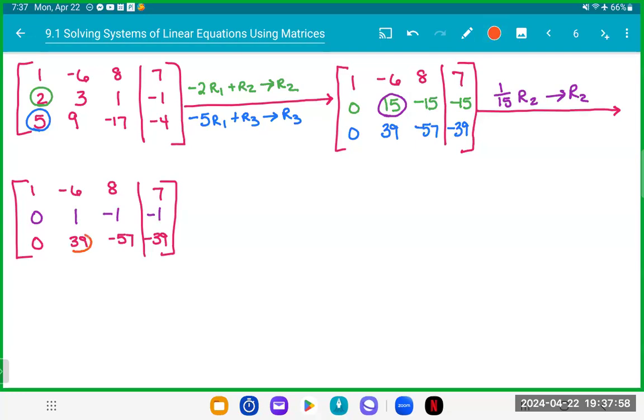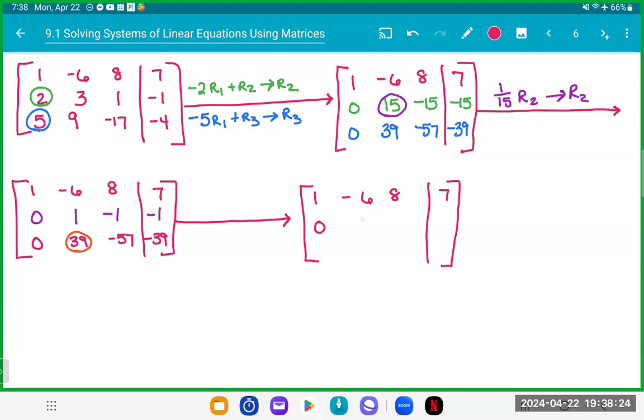Now let's make this 39 a 0. Okay? So we just need to leave row 1 and 2 alone. So we'll copy those over.